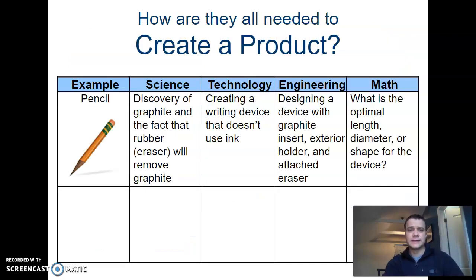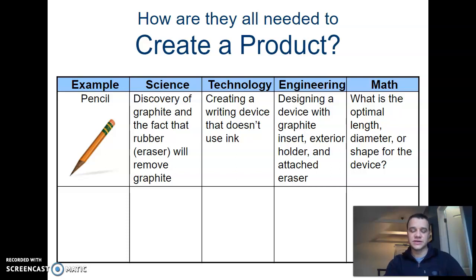So let's take this to an example. Let's look at the example of a pencil. With a pencil, what does science do? Science is going to be involved in the discovery of the materials. Some of the materials in a pencil include graphite and rubber. Graphite can be mined from the ground, but in its original form, it doesn't make a great pencil.